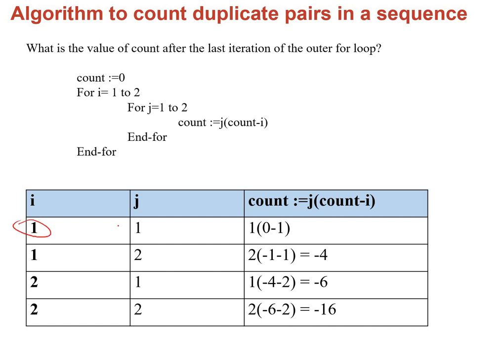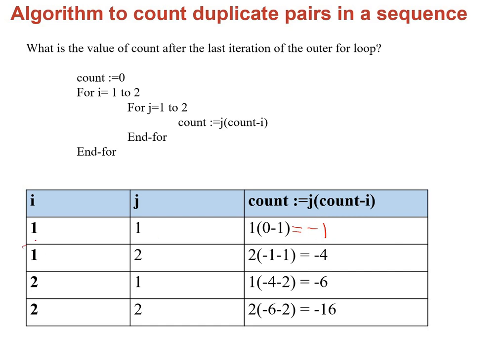So in this case, I is 1, j is 1, count is 0, so you plug that in. That gives you minus 1, this is 1 multiplied by minus 1. Let's write that down. So minus 1 is the value of count, and that is going to go into the next row.